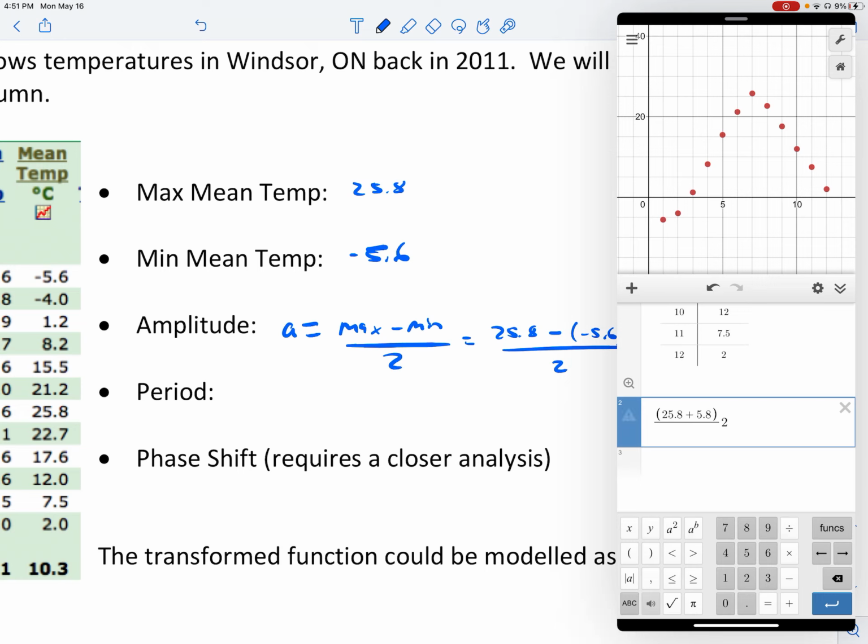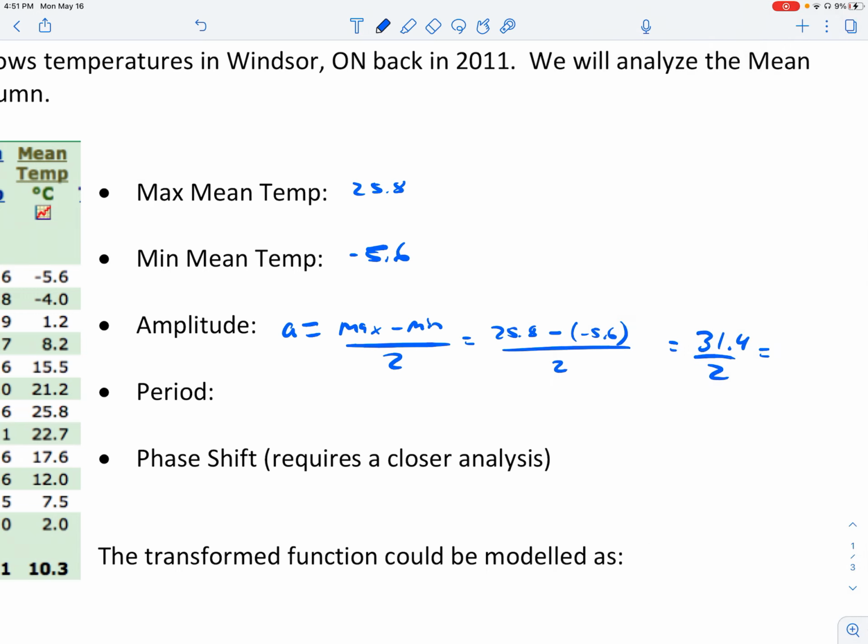The divide symbol there. Okay, 15.8. Oh no, that doesn't make sense. 5.6, there we go. 25.8 plus 5.6 divided by 2, 15.7. Okay, so it looks like we had that right. So I'm just going to say, therefore, A equals, A is my amplitude, 15.7.